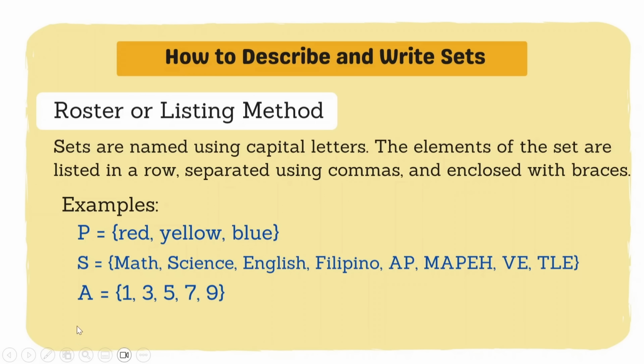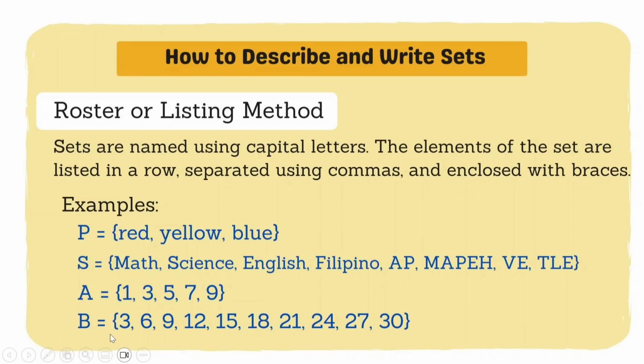Another example, we have here set A with elements 1, 3, 5, 7, 9. Anong set po ito? If we're going to describe this, these are actually set of what kind of numbers? Odd or even numbers? Okay, we have here odd numbers from 1 to 9. Okay, ito po yung mga elements niya.